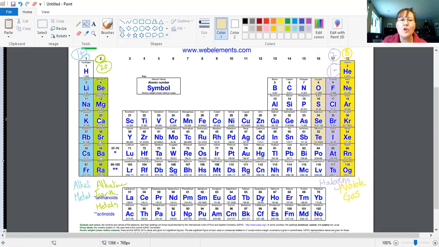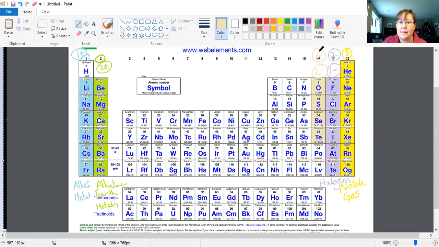Here we have group 6. These tend to form 2- charges. Notice that I didn't go all the way down here because things get weird, but we won't worry too much about it. These form 2- charges, and they don't have a special group name.